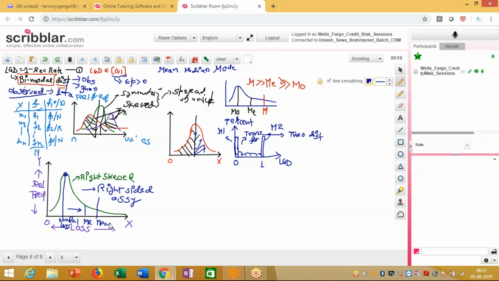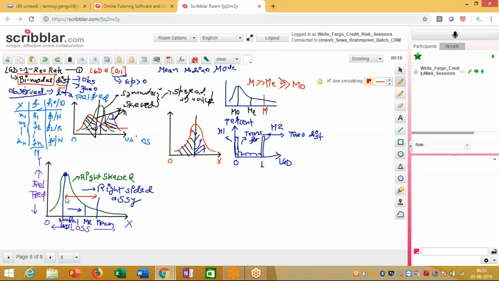This is the mean loss. But what you observe over here is that there is a substantial difference between the modal loss figure and the mean loss figure.